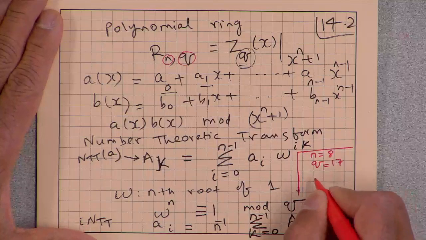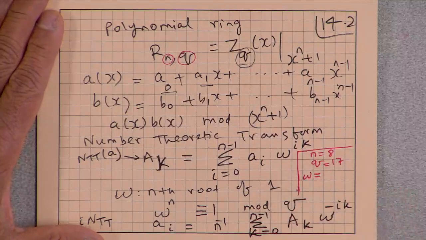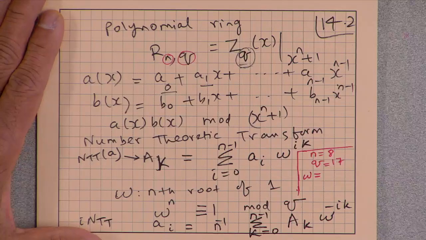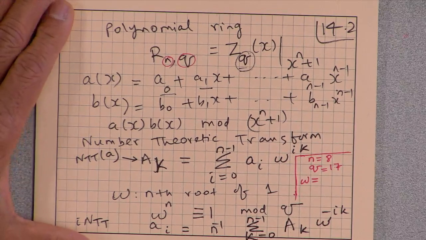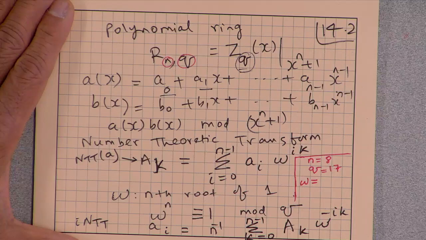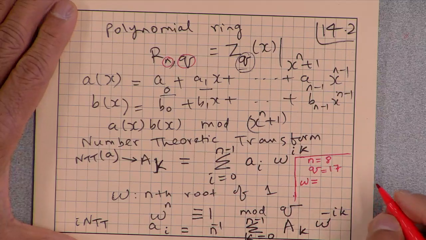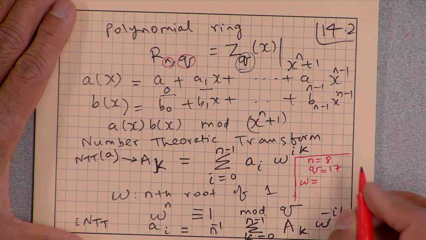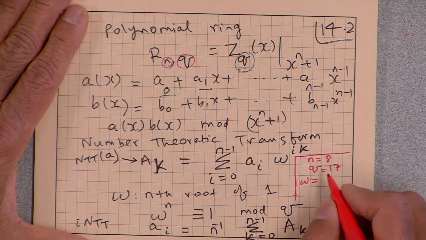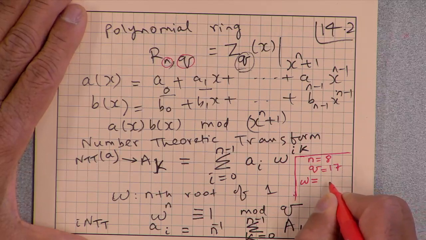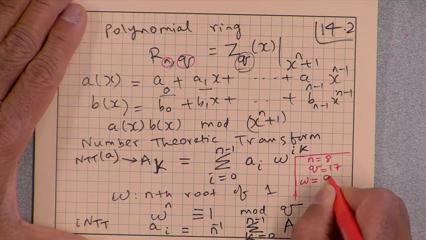Omega, the nth root of unity, would be 9 in this case.